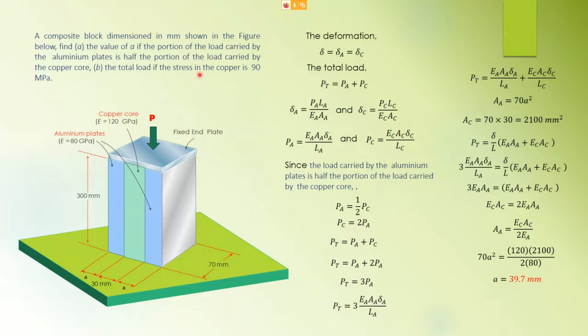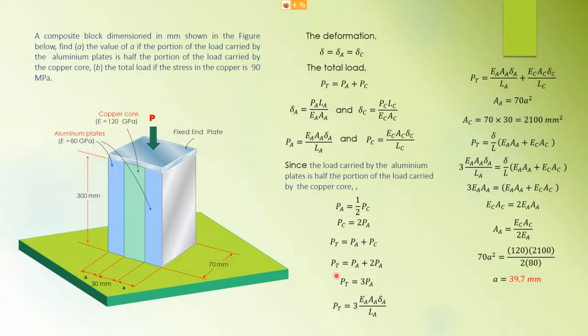Half, can you see? The question they have given you, half. So you can say P_A equals half P_C, or you can say, bringing this 2 over, P_C equals 2 P_A. So we can refer to this condition here for parallel bar, okay? So that is here. So replacing P_C here with 2 P_A.